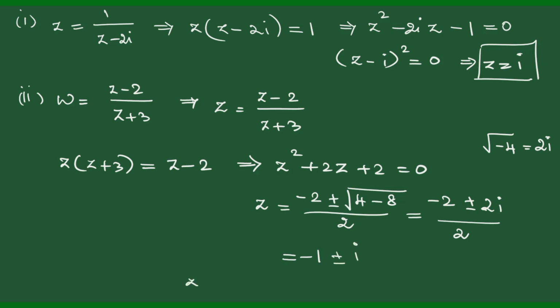So we have two roots, -1 - i and -1 + i. For the transformation W = (Z - 2)/(Z + 3), Z = -1 - i and Z = -1 + i are the two invariant points.